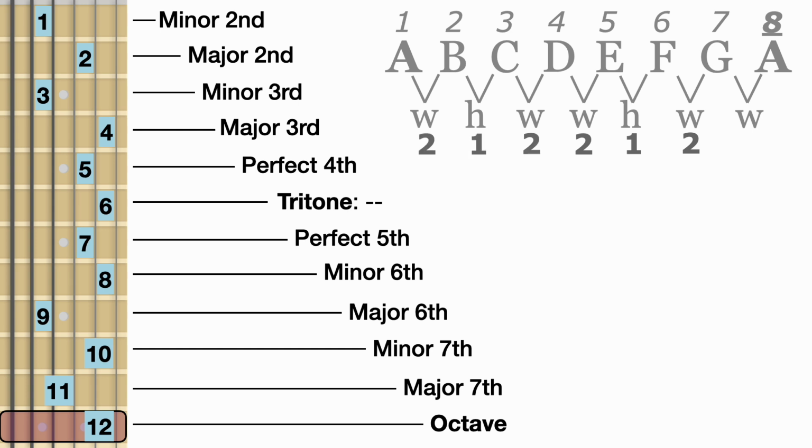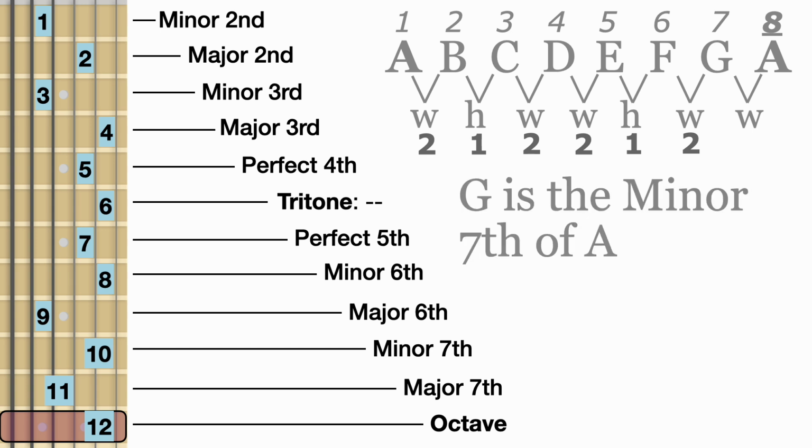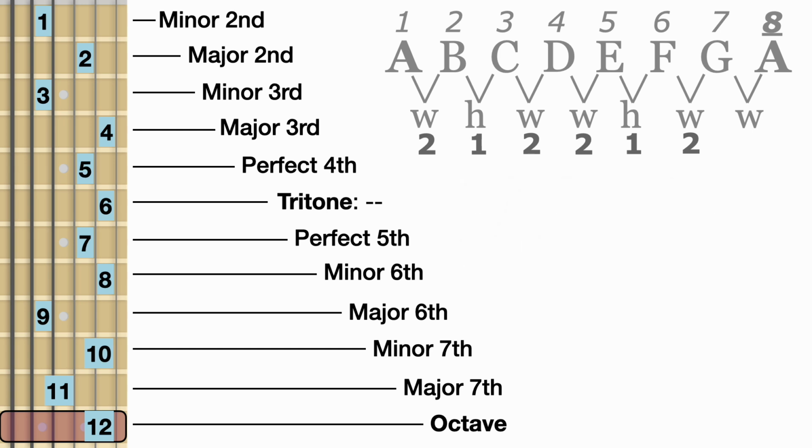When we add all those up, that's how we're coming up with 10. And we know when we've moved up 10 frets, we have a minor 7th. Therefore, G is the minor 7th of A. And once again, now to finish it off, going to A, that's 2 more frets up. And therefore, we know when we add all these up, we have our 12 frets or the octave.